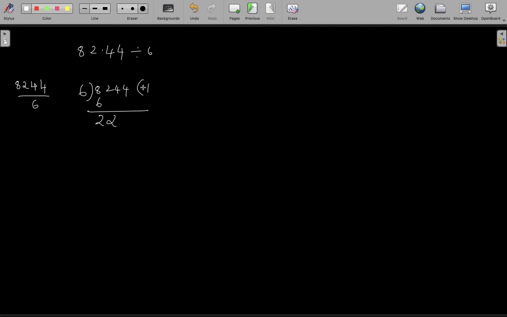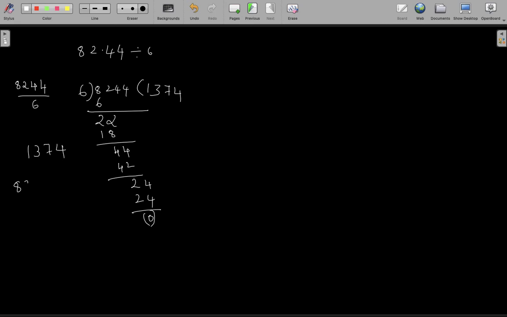Bring down this 2. 6 times 3 is 18. This will be 4. Bring down 4. 6 sevens are 42. Now 4 minus 2 is 2. Bring down the next 4. 6 fours are 24. Your answer is 0. So this value here is 1374. When 8244 is divided by 6, you get 1374.